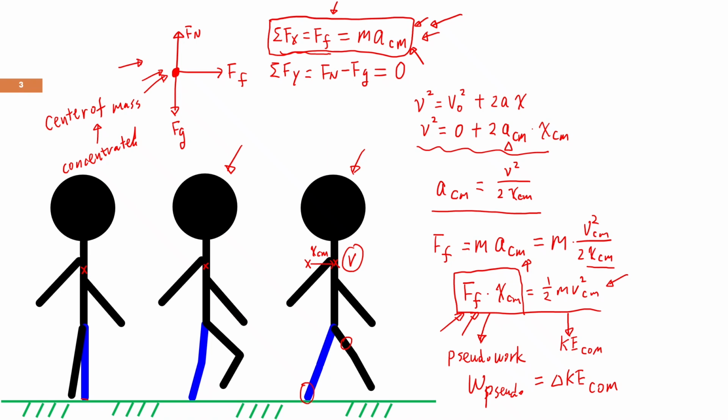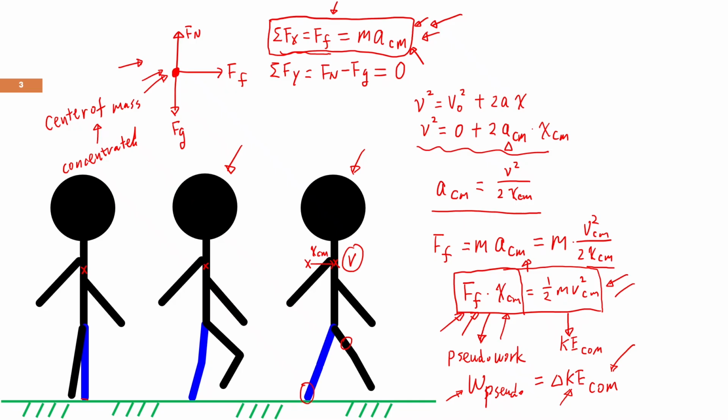So that's why this equation only applies to the center of mass. And we got this, the pseudo work done to the center of mass equals the change of kinetic energy of the center of mass. And this is very popularly used in biomechanics.